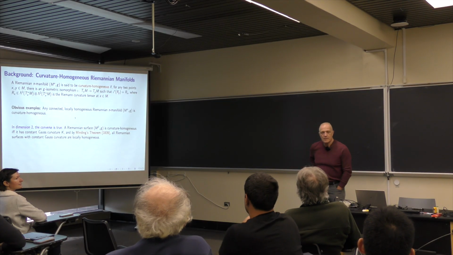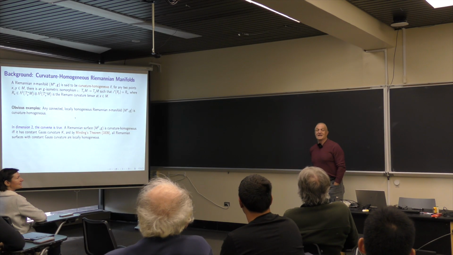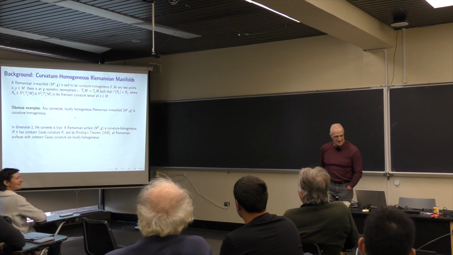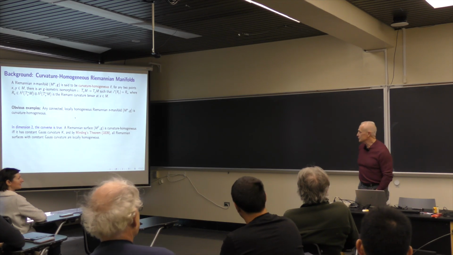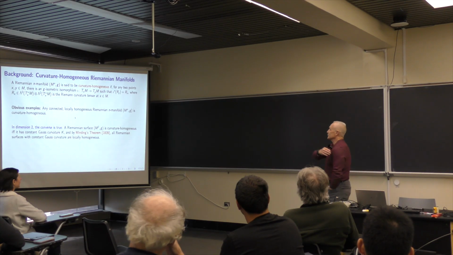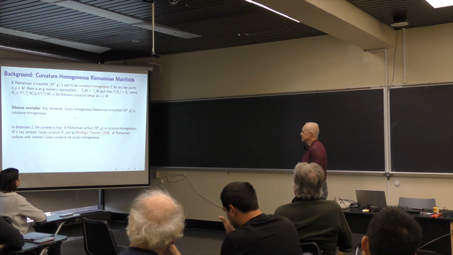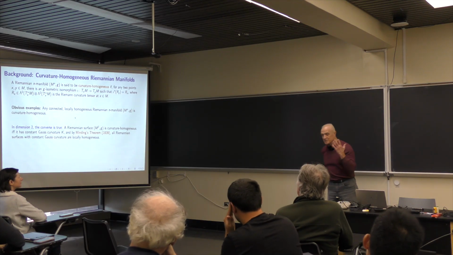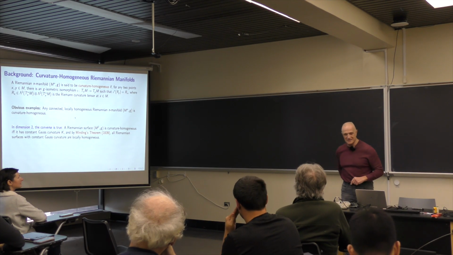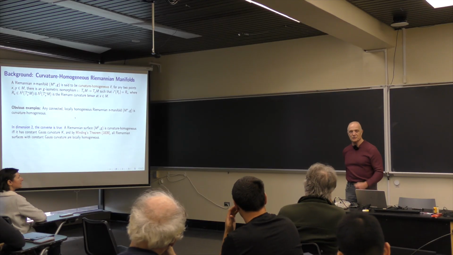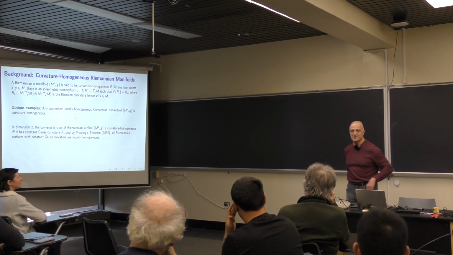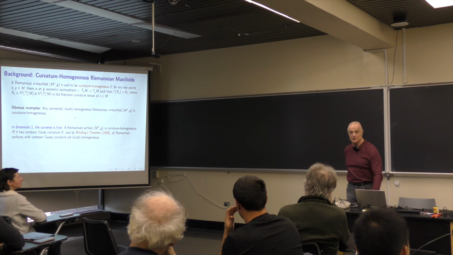The geometry was defined for surfaces before Riemann. That's right. It was Riemann who actually defined the Riemann curvature tensor, this R that I've been describing. But the two-dimensional case is only one component, and Gauss was the one who realized that it was an intrinsic quantity to the metric of the surface.